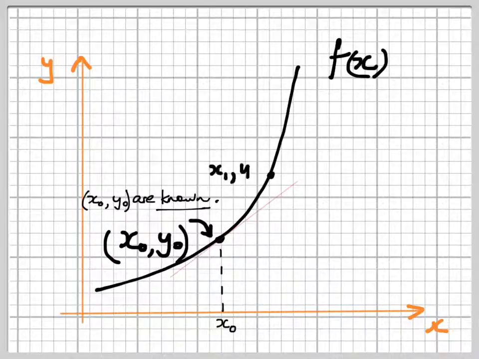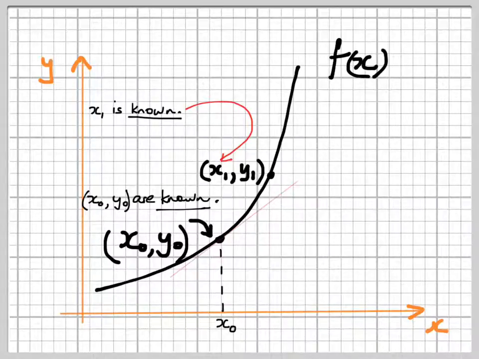Now, so what is it we're trying to approximate? Well, funny you should ask that. Actually, you see that point that I've just drawn in there, that's x1 and y1? Well, x1 is known, but we assume for the sake of linear approximation that we don't know y1. y1 is the thing we have to estimate, okay?